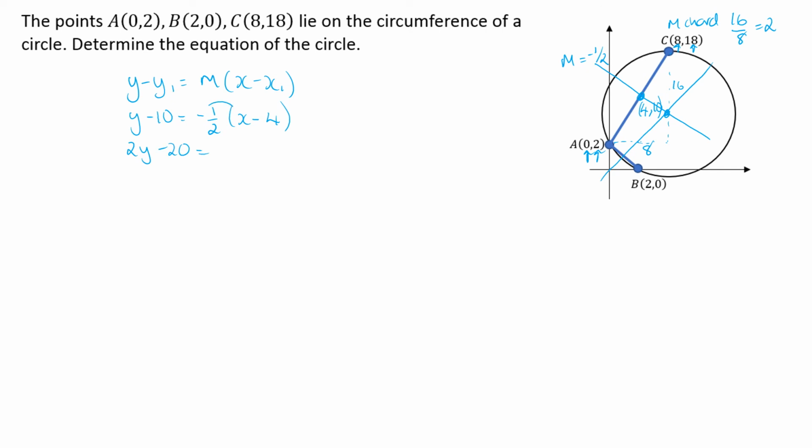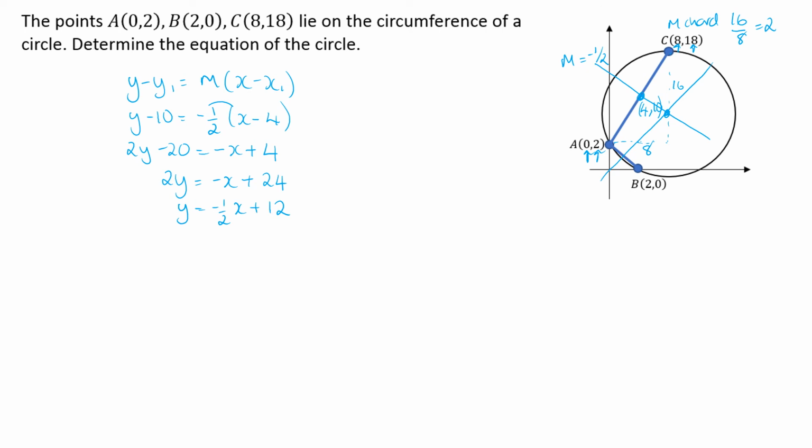Take that -1 in, it's minus x plus 4. So 2y is equal to minus x plus 24. Let's just get it in y equals mx plus c form. y is equal to -1/2 x plus 12.